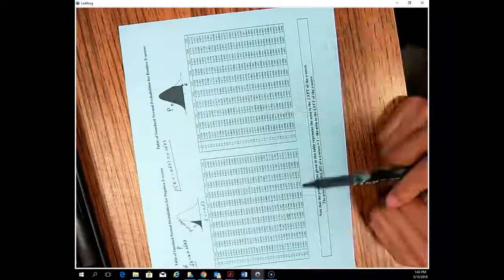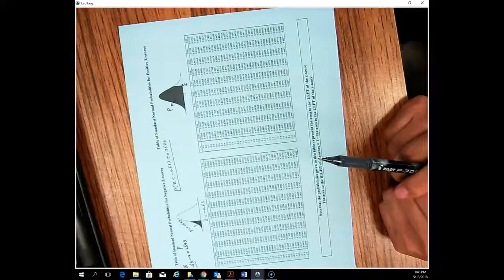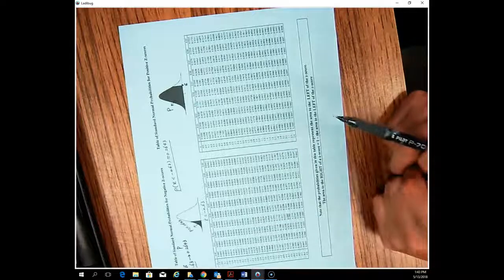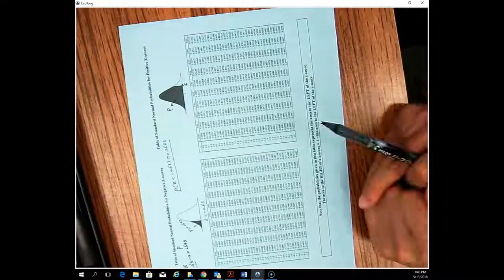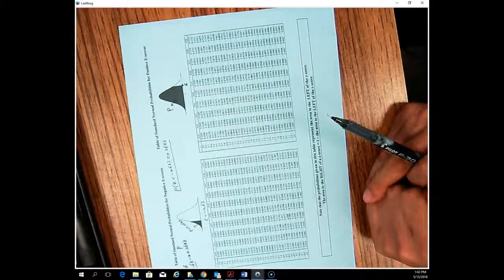The print on the table is very small, so if you can print a z-table out as a reference, that will be very helpful so that you can understand the examples given in the video. The z-table is provided to you as a link, a PDF file from Canvas, so you can download and print.